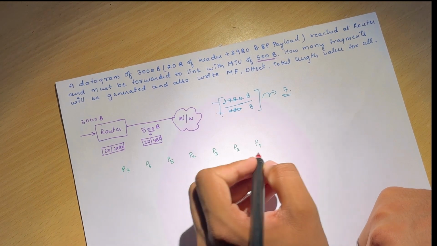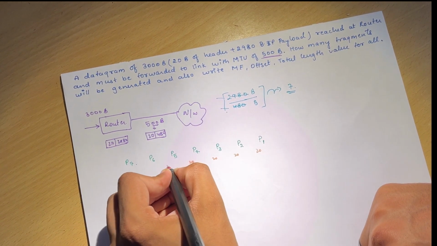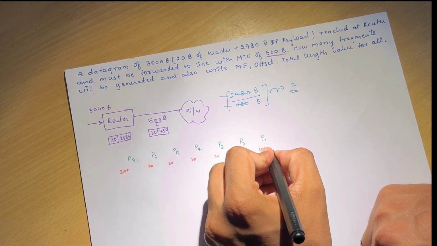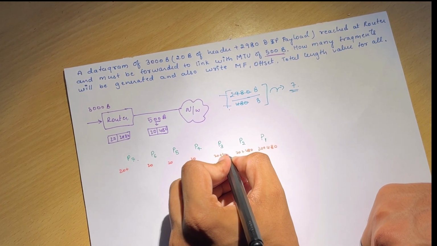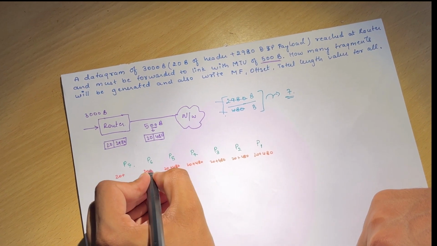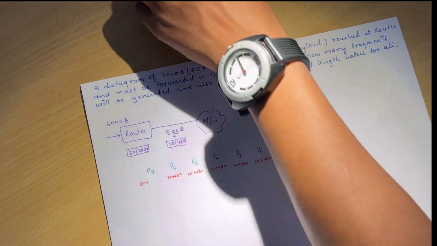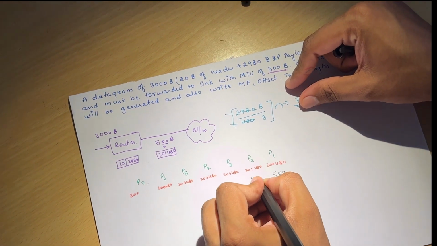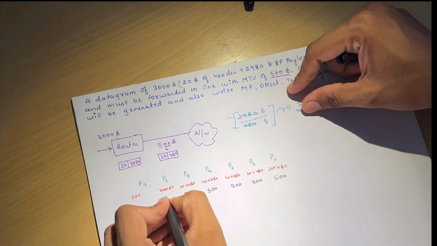So each of these packets will have a header of 20 plus data of 480 byte. Now this will transfer data of 500, this will transfer 500, 500, 500, 500 and 500.